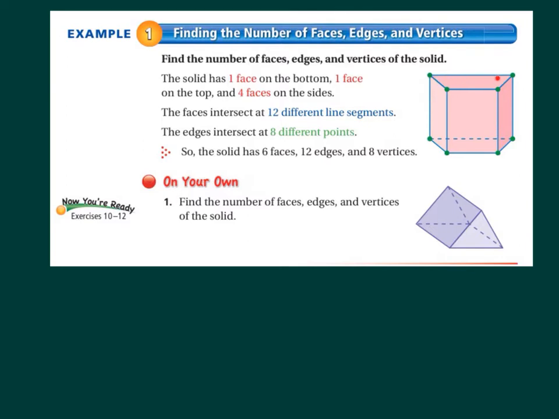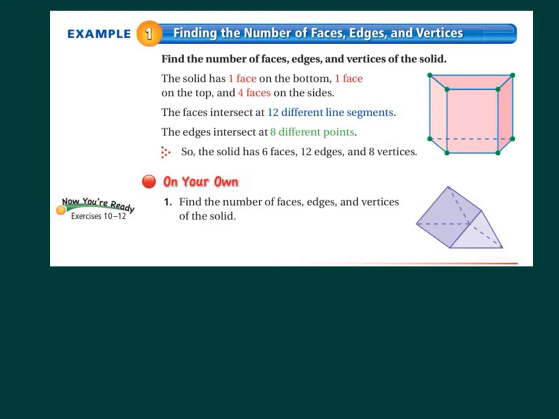Then I have this trapezoid face on this side, and its opposite on the bottom side here. So that would give me 4, and now I have a rectangular face here and its opposite over here. So you can see it says that the solid has 1 face on bottom, 1 face on top, and 4 faces on the sides. So a total of 6 faces there.